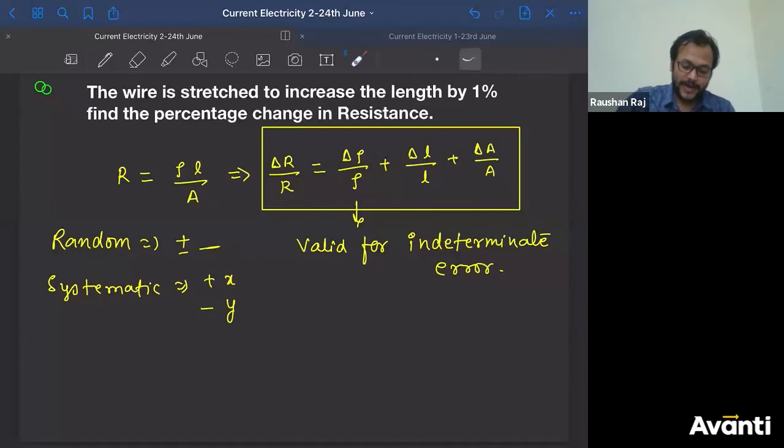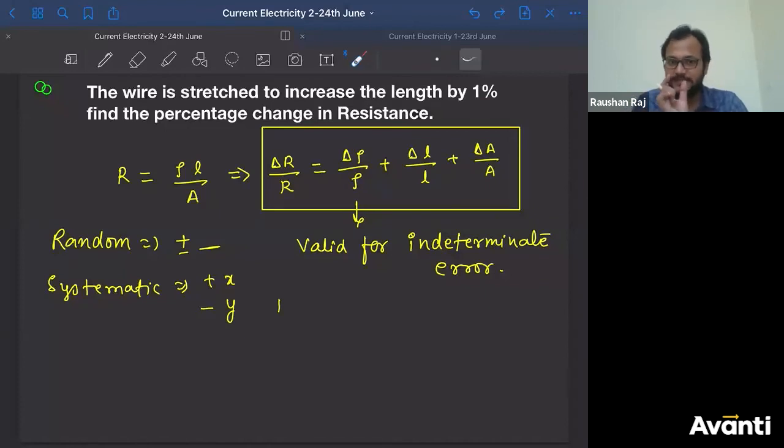When we talk about random error, all the errors will be added. But when we talk about systematic error in division, the errors will be subtracted, not added. In this case, can I say that it is increased by 1%? मतलब क्या हुआ? Plus 1%. Area will be decreased by 1%, so minus 1%. So do we have plus minus both?